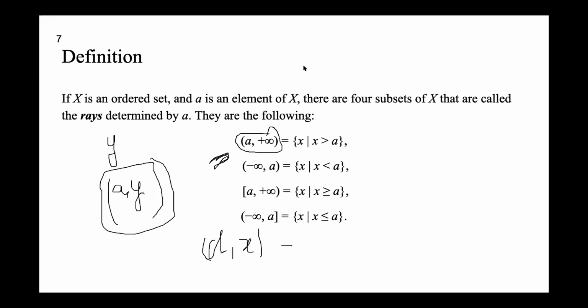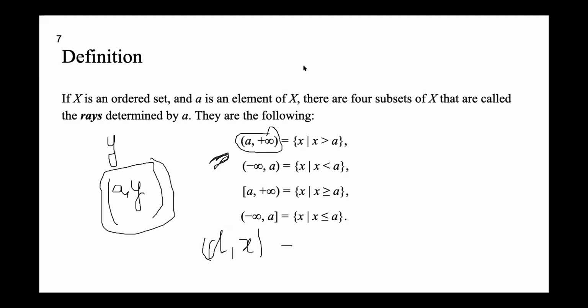And then if we have this union, it should also be a subset of (A, ∞), right? Of course, it's true, because you see that you have some (A, Y), then there exists some X such that (A, X) is a bigger interval.